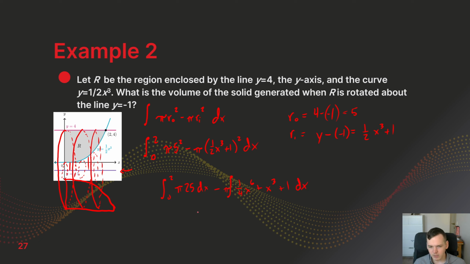And now hopefully it's a little easier to see what's going on here. This first bit will just be 25 pi x from 0 to 2, and then the second part is a polynomial that you should be comfortable with integrating. If you need help on it, let me know. But you can see how you'd continue working this through to get your final answer.